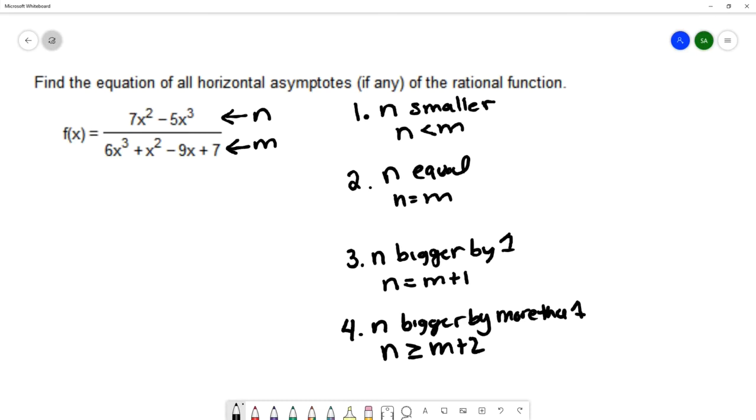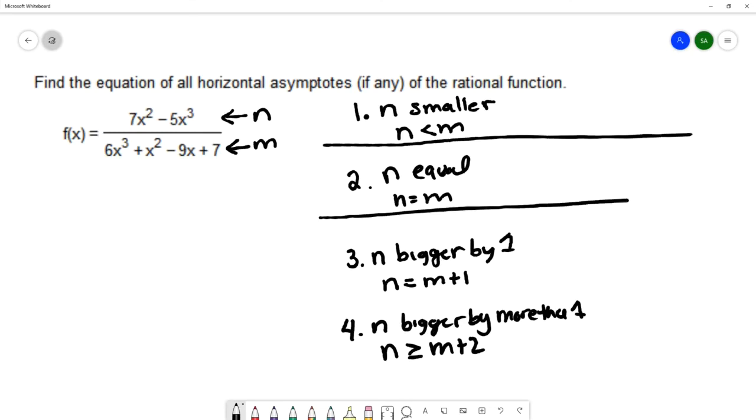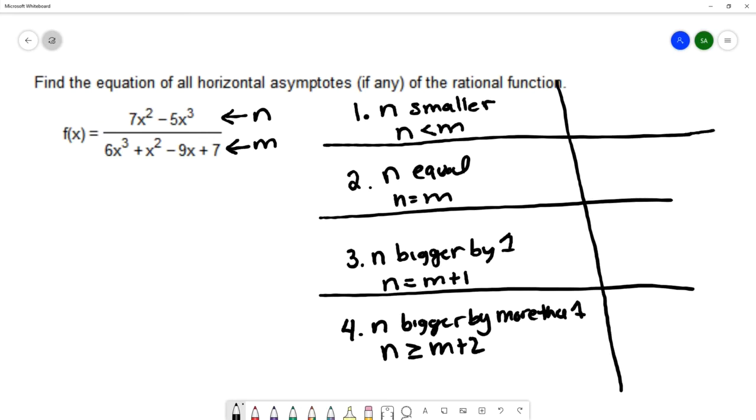And then we've got to memorize what the horizontal asymptote is in each one of these cases. Maybe I can make this a little bit neater with a chart. So in the first case, when the numerator is smaller, you're going to have a horizontal asymptote right along the x-axis, which is the line y equals 0.